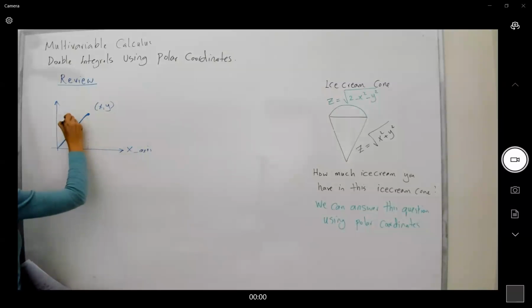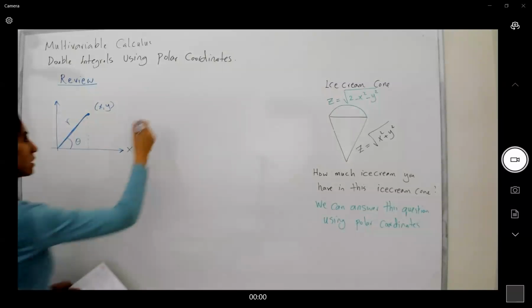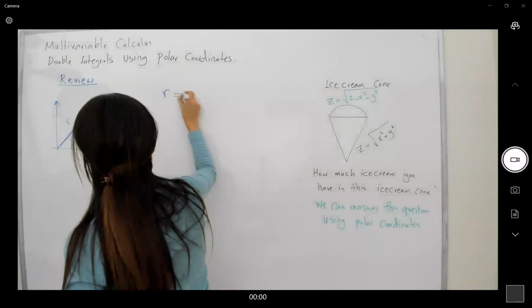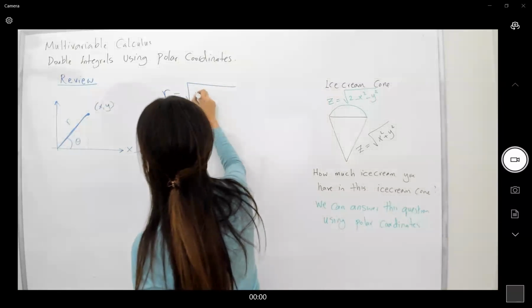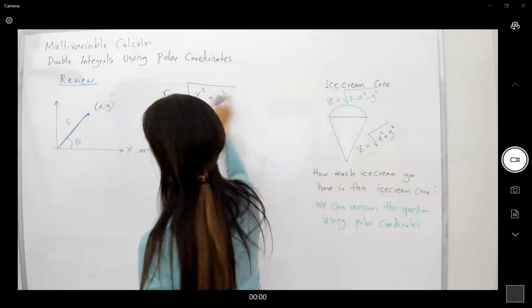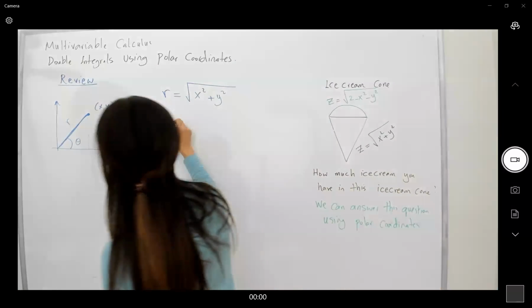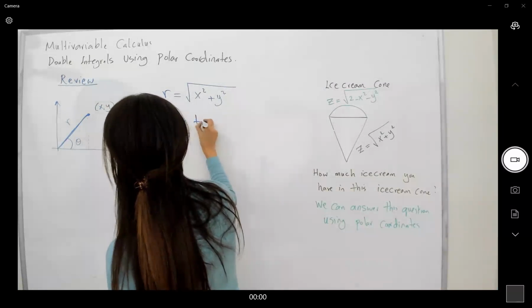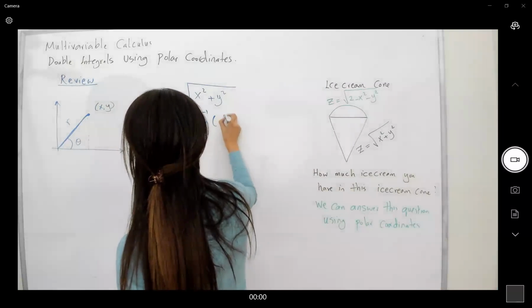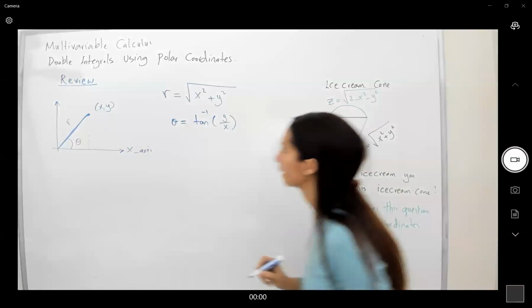Of course you can form r. r is equal to the square root of x squared plus y squared, and at the same time you can use tangent to define theta. Theta is equal to inverse tangent of y over x.